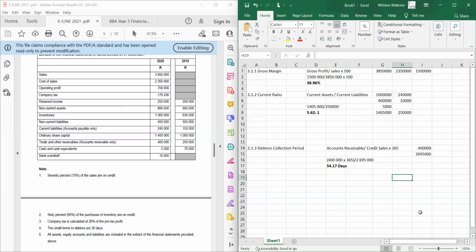But the reason why we write the collection period with decimals like that is there can be a collection period that is 54.16. So when they ask you to compare, you need to write it as it is.